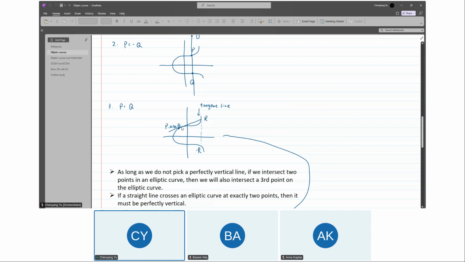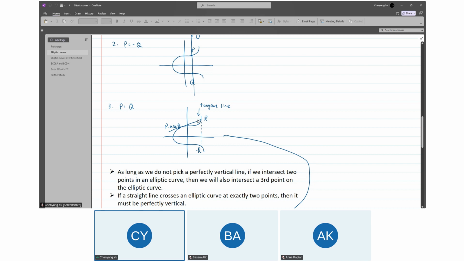You just push this Q to P little by little, until somewhere P and Q overlap, then the line you draw is the tangent line.